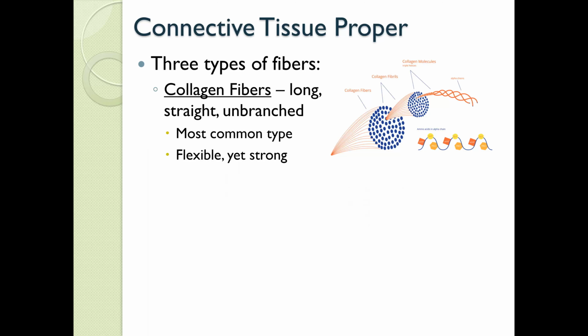Now let's look at the three types of fibers. And remember, fibroblasts are the ones that are making these fibers. So collagen fibers are long, straight, unbranched fibers. They are the most common type of fiber that you'll find in connective tissue proper. And they are flexible, so they allow for bending and flexibility, but they are also very strong.